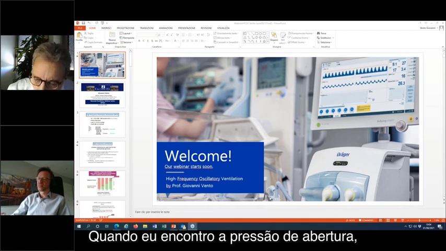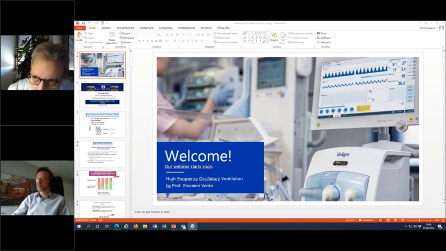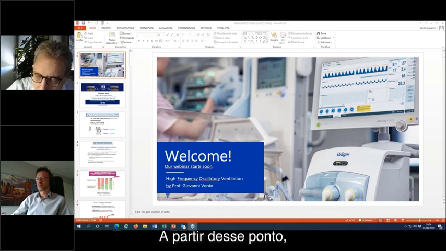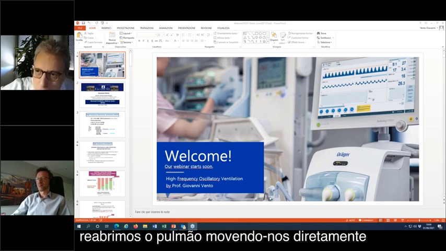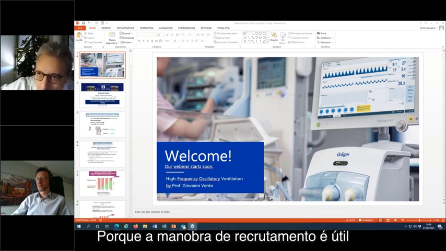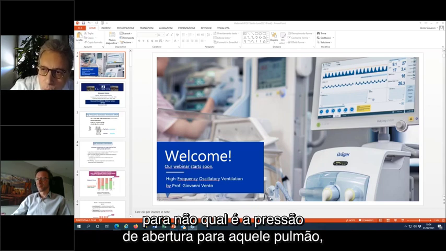Excuse me, when I find the opening pressure, then we reduce the mean airway pressure until the closing pressure. From this point, we reopen the lung by moving directly from the closing pressure to the opening pressure, not step by step, because the recruitment maneuver is useful to know which is the opening pressure for that lung.